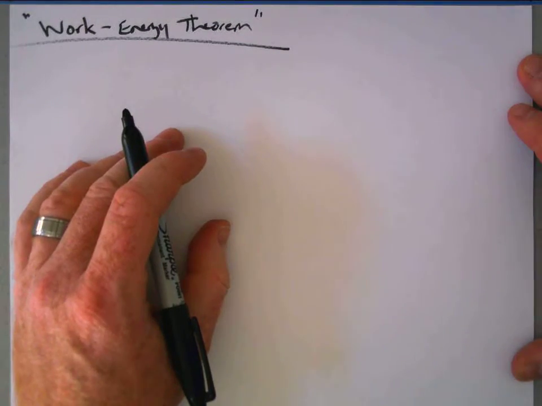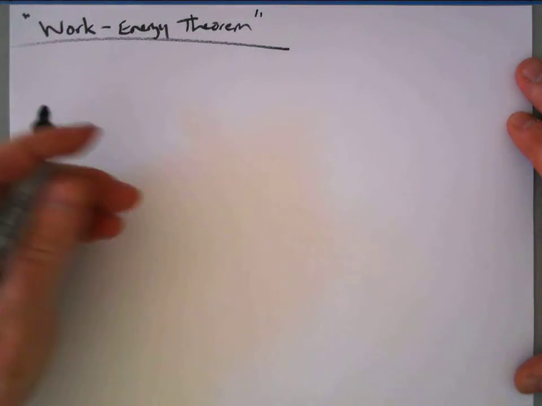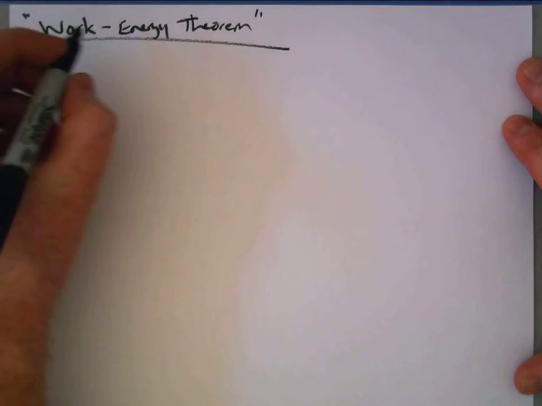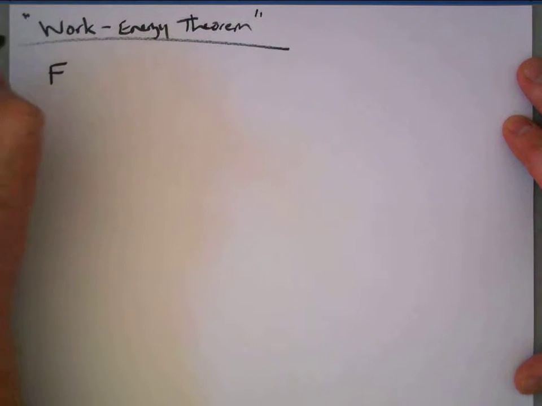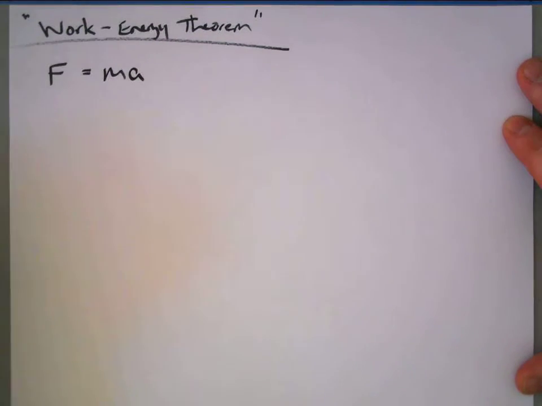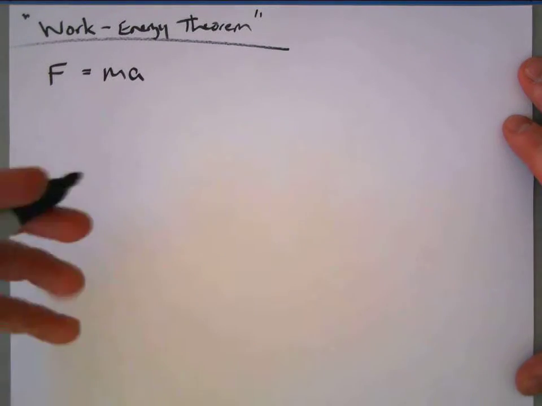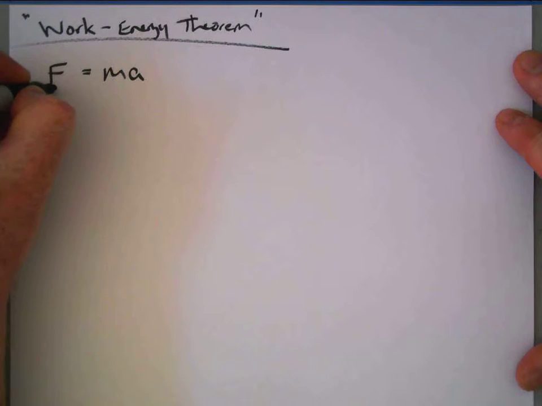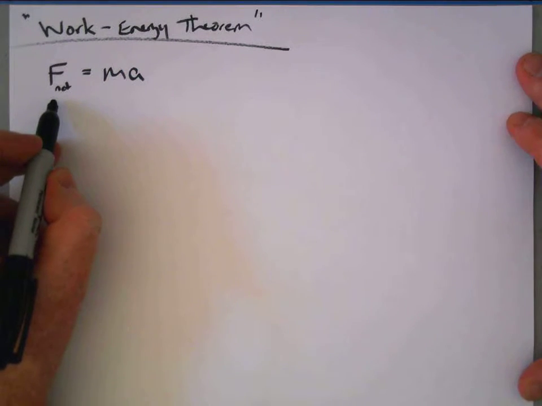Super important idea. So essentially, there's a couple things going on. If you apply a force, according to Newton's second law, you apply a force to an object, and you will then produce an acceleration. The object's velocity will change. Well, that's only true if there is a net force acting on your object.